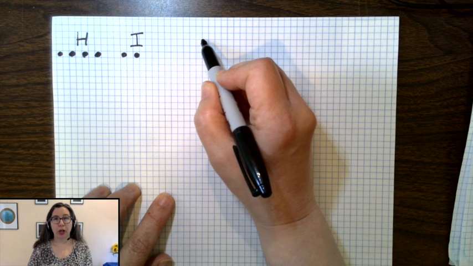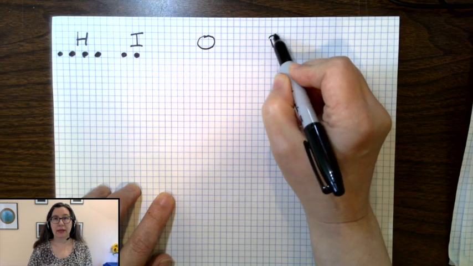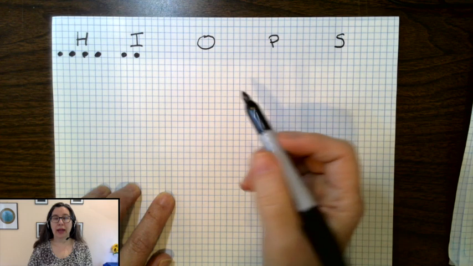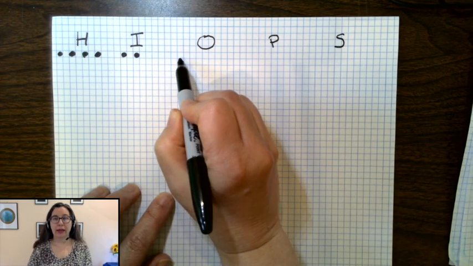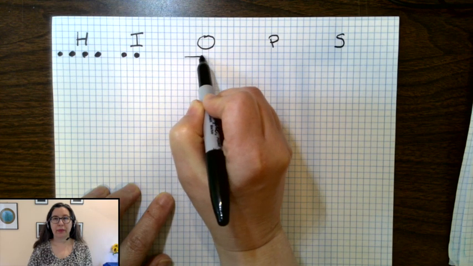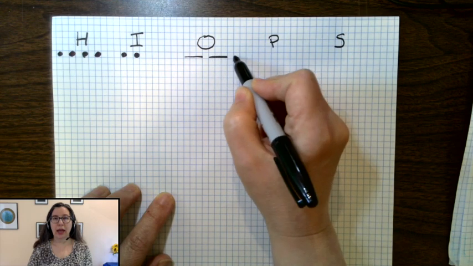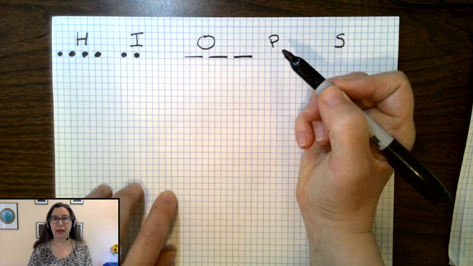Next, I'm starting a new word. I need to leave a longer space. I'm going to count 7 boxes. And then I'm going to add the letter O, and then the letter P, and then the letter S. I count 7 boxes for a longer space, and O is 3 das, 3 long lines.